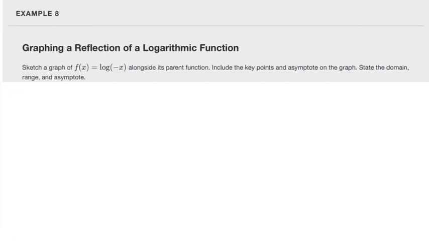Okay, I'm just going to work these. Sketch a graph of this alongside the parent function. Include the key points and asymptote, and state the domain, range, and asymptote. So we're going to let the parent function be g. We're going to look at the graphs of x versus g of x, and then we'll have x versus f of x.